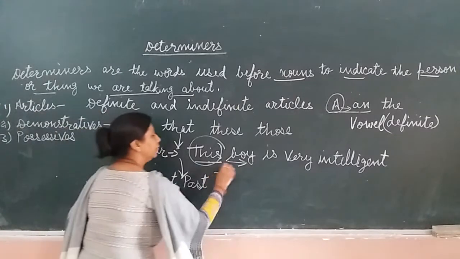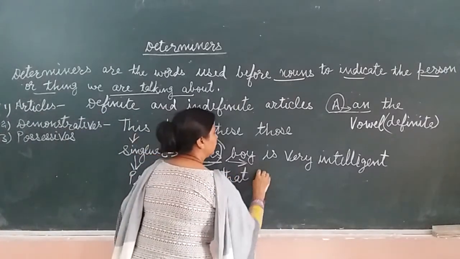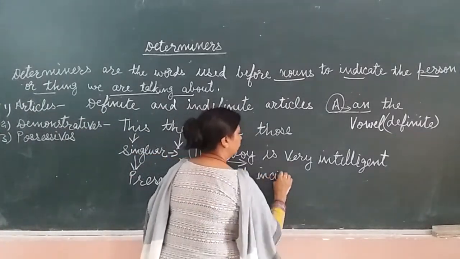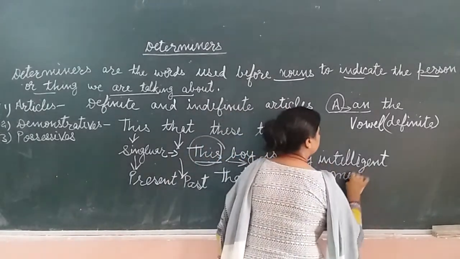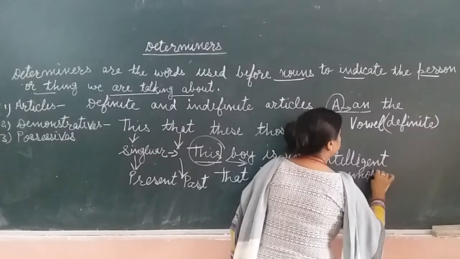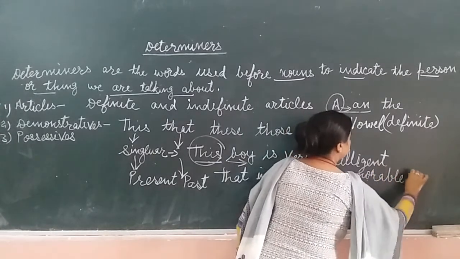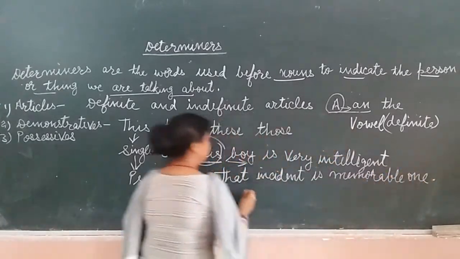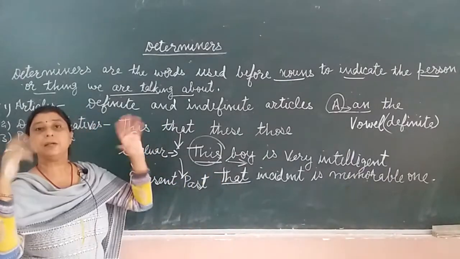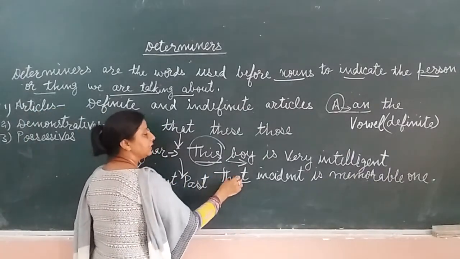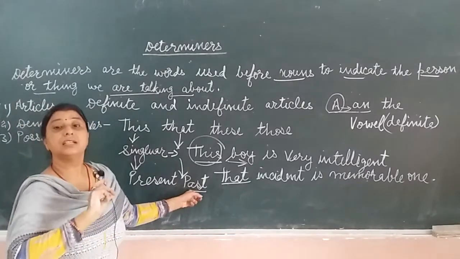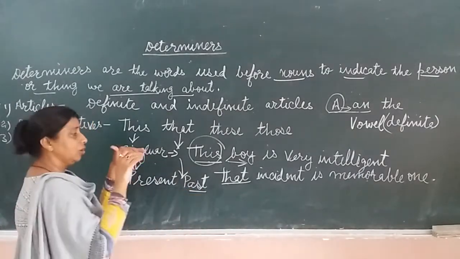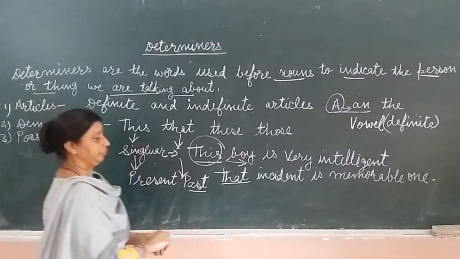That incident is a memorable one. That is the incident that has happened in the past. So that is indicating past tense or the thing at a distance that is not present here.